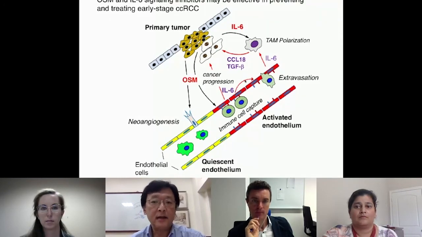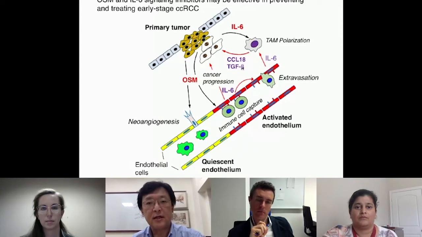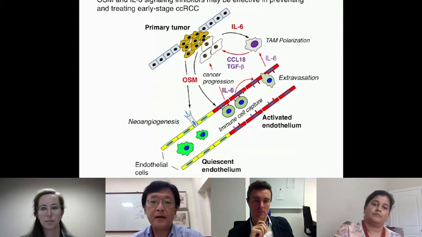IL-6 can come back and further induce the endothelial cells. They can also induce the polarization of macrophages to M2. And these induced, activated M2 macrophages can come back and induce further tumorigenesis. What I didn't show is that this is actually through the secretion of CCL18 and TGF-beta.